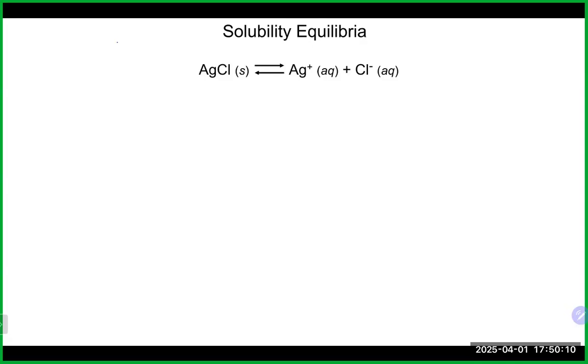Things like pH is a very important factor, things like concentration of the ions, and things like common ions being present as well. Now, even something that is technically insoluble, like our friend right there, silver chloride, even things that are insoluble actually do have some degree of solubility.